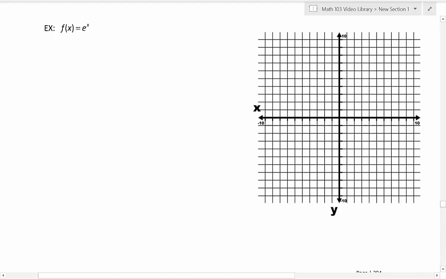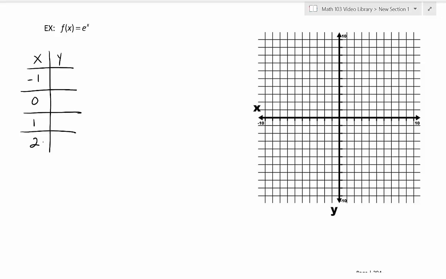Try another one. Let's graph f of x equals e to the x. Again, we're going to create an xy chart to get 4 points. Again, we're going to choose x values of -1, 0, 1, and 2. We'll plug these x values in and get our corresponding y value.